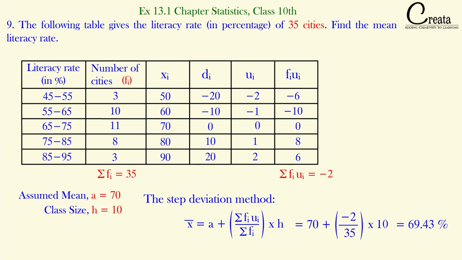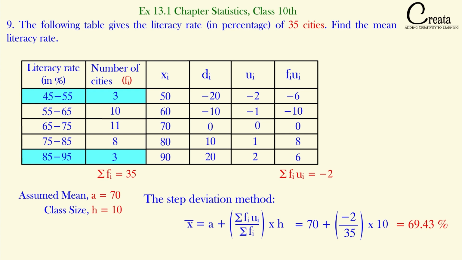One practical thing you should note is that we got the mean value as approximately 70%. It does not mean the literacy rate of all the cities will become 70%. Still, many cities have a literacy rate in the range of 45 to 55%, and many cities have a literacy rate in the range of 85 to 95%. So the variation will always be there.